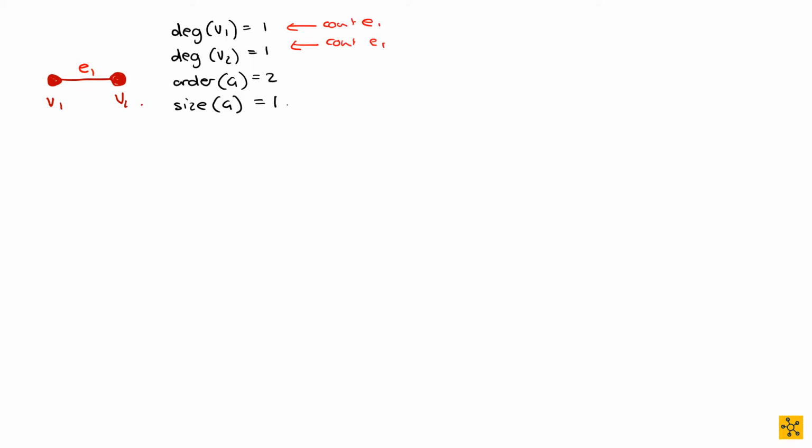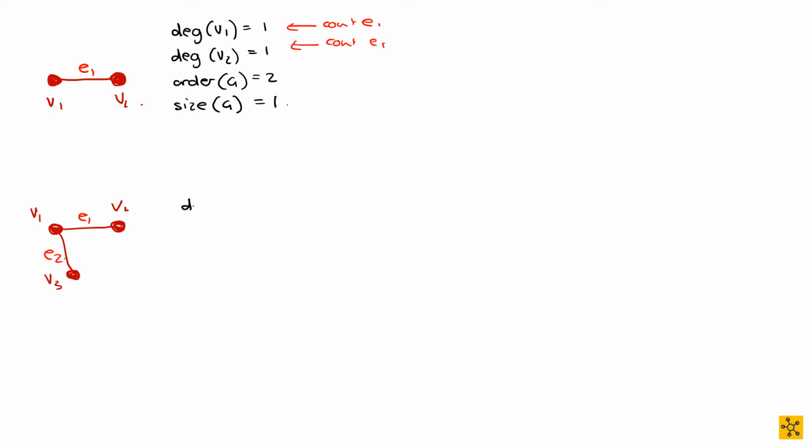Okay, so let's go on to a slightly more complicated graph. We're still going to keep it simple so that we can investigate and count and do all this information. So let's just have 3 vertices, and let's have 2 edges there. Let's have that as E1 and that as E2. Okay, and what do we know from this graph?